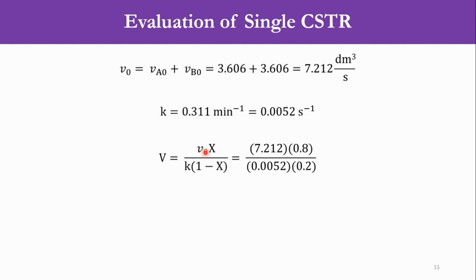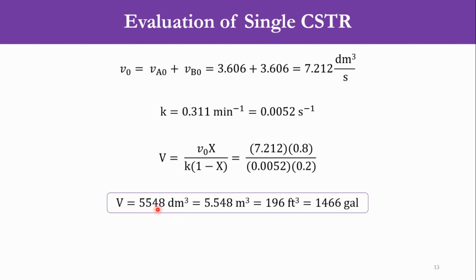For the single CSTR, V naught is 7.212, x is 0.8, k is 0.0052, and 1 minus x is 1 minus 0.8, which is 0.2. Accordingly, we get V equal to 5548 cubic decimeter, or 5.548 cubic meter, or 196 cubic feet, or 1466 gallons. So that is the first one for our system, the single CSTR.